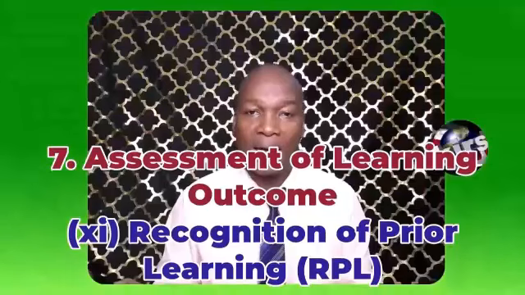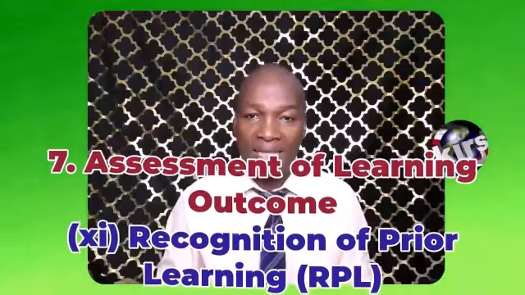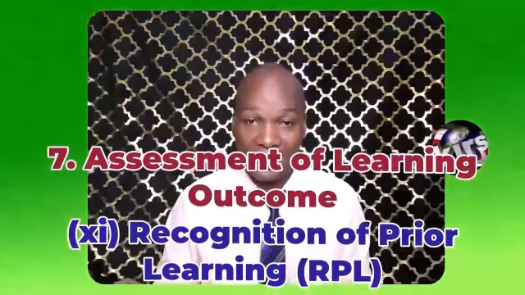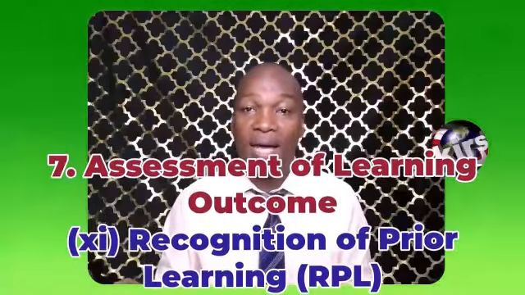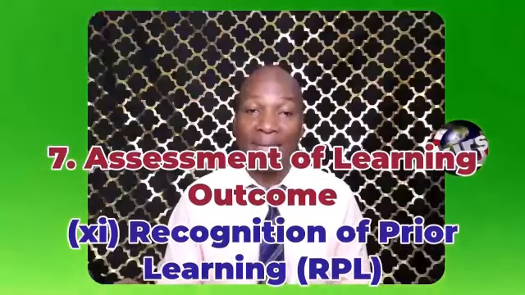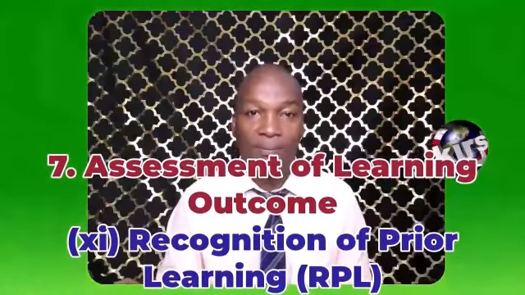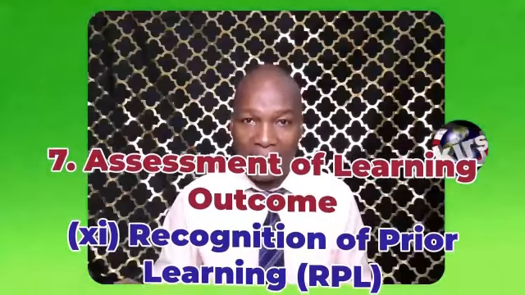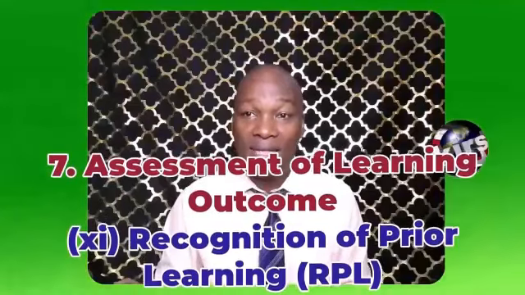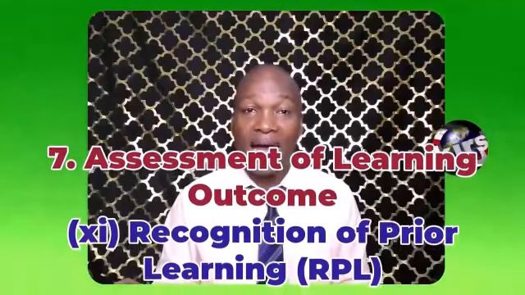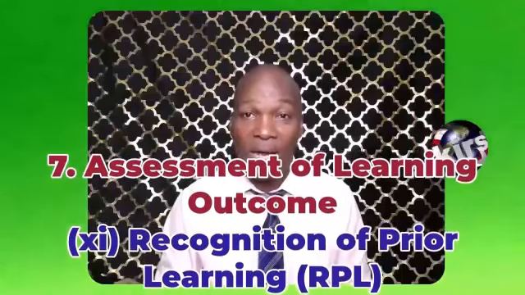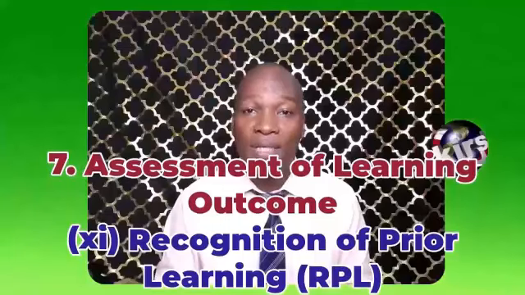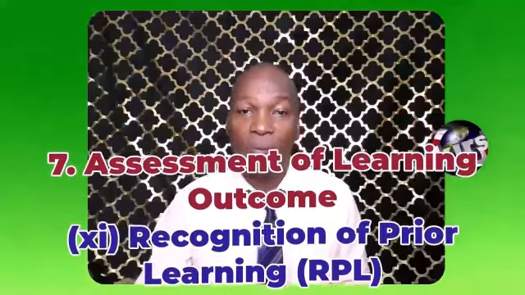Recognition of prior learning assessment involves evaluating learners' existing skills and knowledge to determine whether they meet the required competencies for a particular course or qualification. Example, a construction worker with years of experience in masonry might be assessed through practical demonstration and interviews to determine if their prior experience meets the competency standards of a formal certification program.